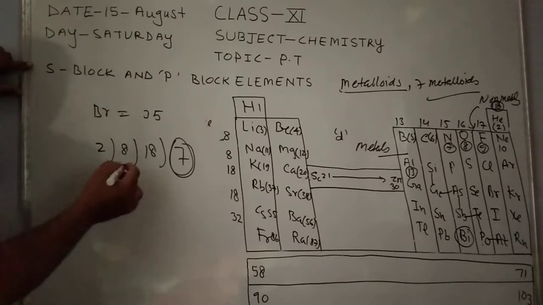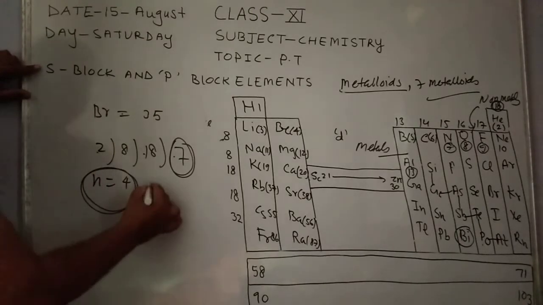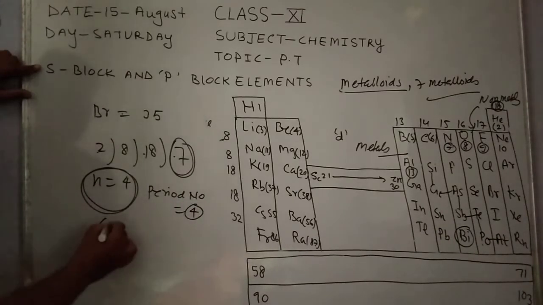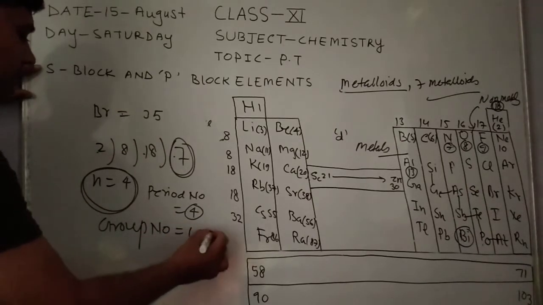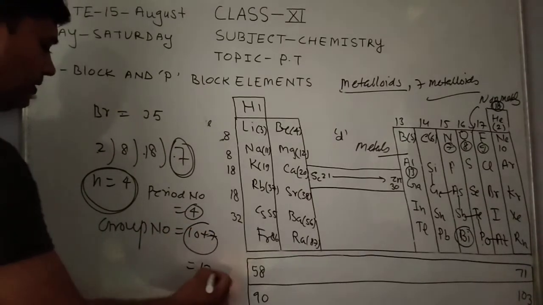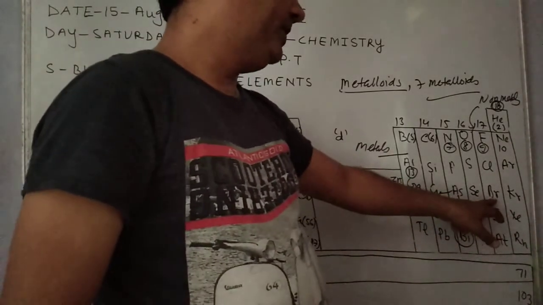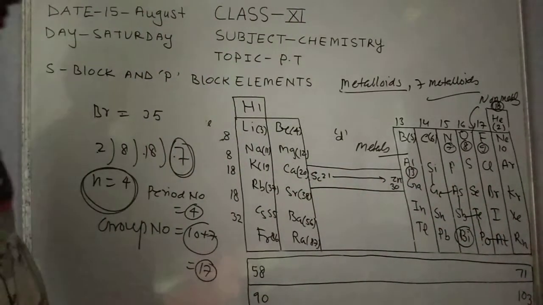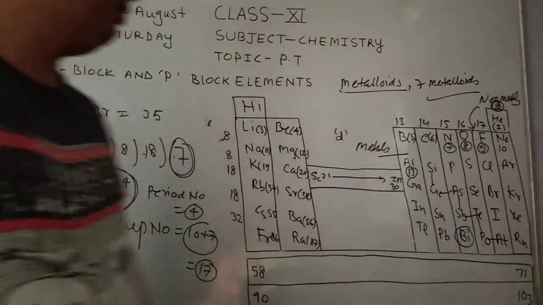Period number: n is equal to 4 because the number of shells is equal to 4. So period number is equal to 4. Group number is equal to 10 plus 7, that is 17. So in this case the period number of Br is 4 and group number is 17. With the help of this formula we can calculate the group number and period number of p block elements.